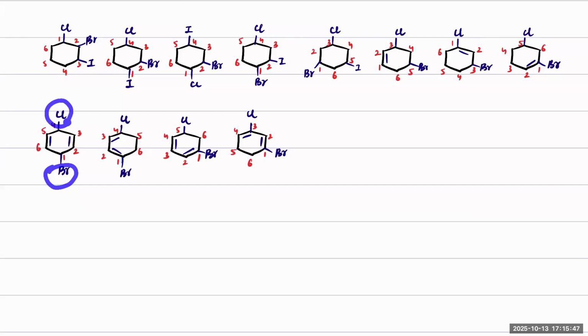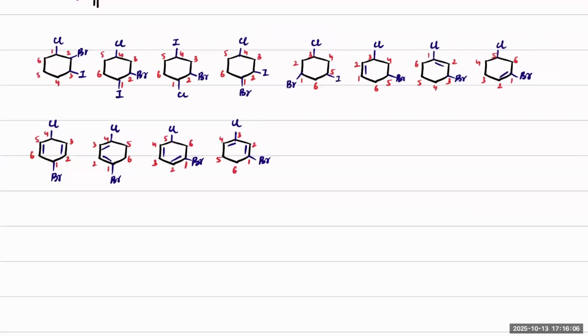Next, here double bond is more preferred. Again, bromine alphabetically more preferred than chlorine. 1, 2, 3, 4, 5, 6. Same thing. Bromine is more preferable, lowest locant. So 1, 2, 3, 4. Check. Any doubt there?